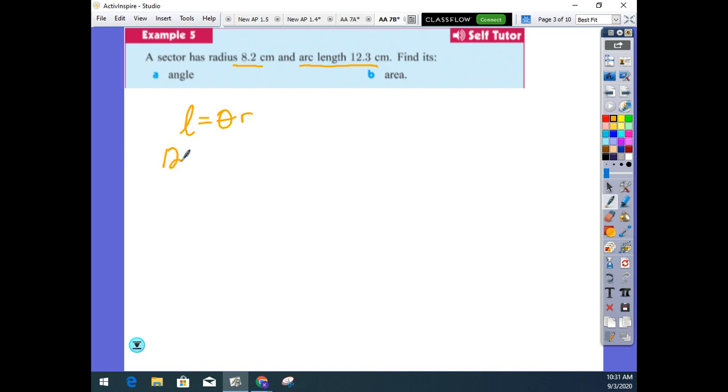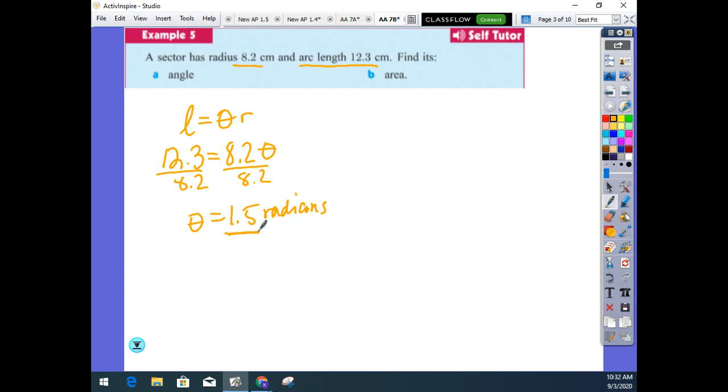So I can replace the arc length with 12.3. I can replace my radius with 8.2 theta, solve for theta. We get theta to be 1.5 radians. A lot of times we don't even use the label for radians, we just leave it as 1.5.